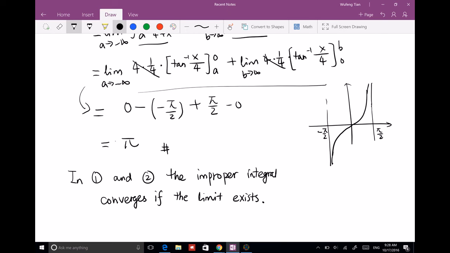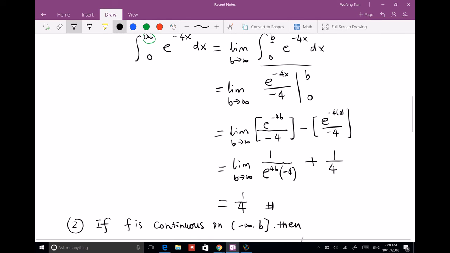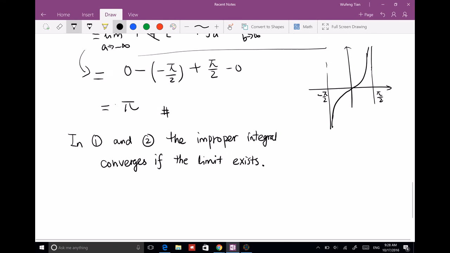In the first one, for example, you plug in the limit as b goes to infinity, the e to the positive 4b, you plug it in, is 0. This means the limit exists. It does not go to infinity. If the limit exists, then the improper integral converges, which means you can find a finite answer for it.